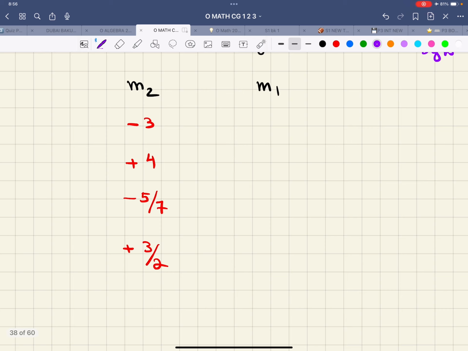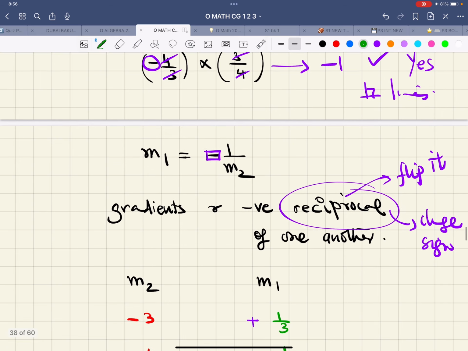So this negative becomes positive, this positive becomes negative, this negative becomes positive, and positive becomes negative. That's the first thing. The second thing is flipping: 3 becomes 1/3, 4 becomes 1/4, 5 over 7 becomes 7 over 5, 3 over 2 becomes 2 over 3. That is how we will use it.